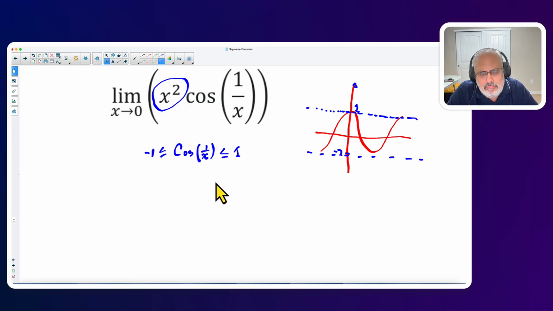And I can do one algebra massage here. What is the algebra massage that I recommend? I can multiply by x squared everywhere, and the inequality is still valid.